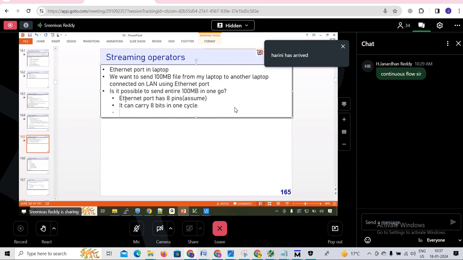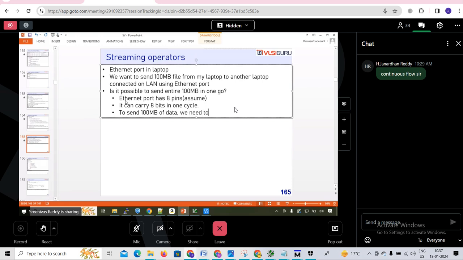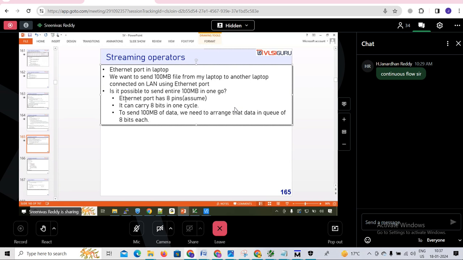So to send 100 megabytes of data, we need to arrange the data in a queue of 8 bits each. A simple example: we want to send 100 people out of this room, and 8 people can go at once.